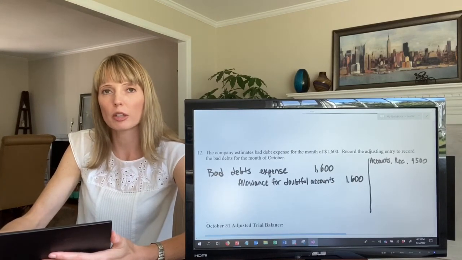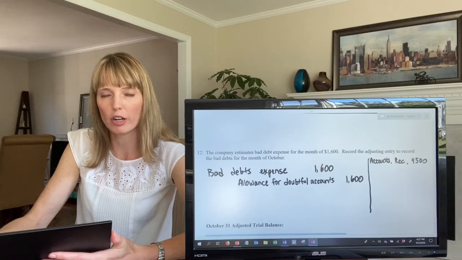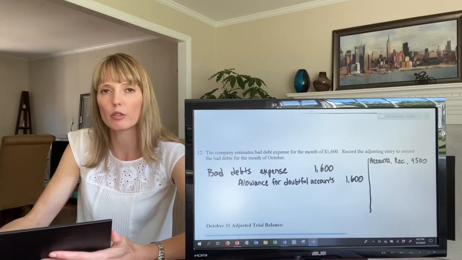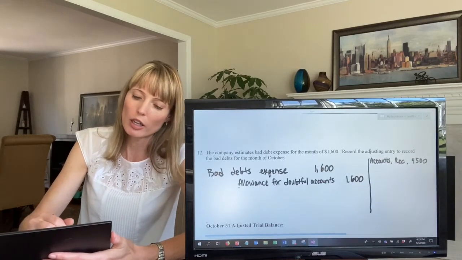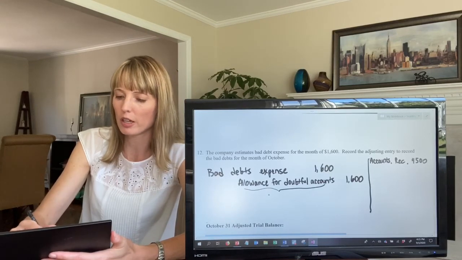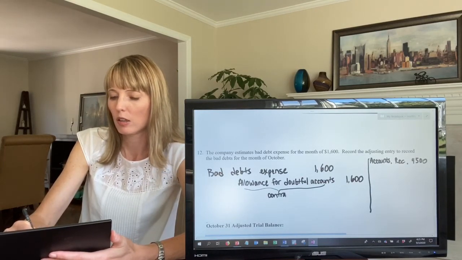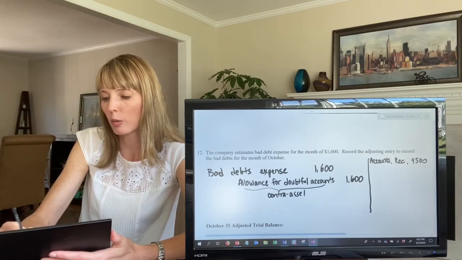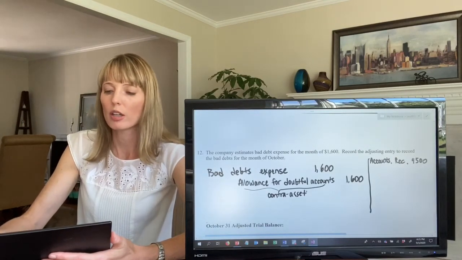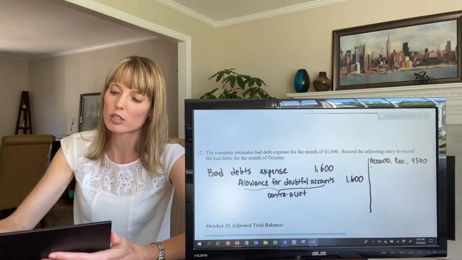Just like accumulated depreciation is a contra asset and it reduces the value of buildings or equipment, allowance for doubtful accounts is also a contra asset. It's our separate tracking account that we use to reduce the value of our accounts receivable.